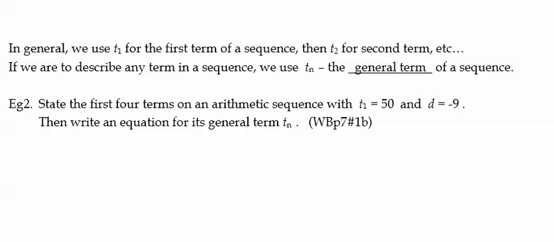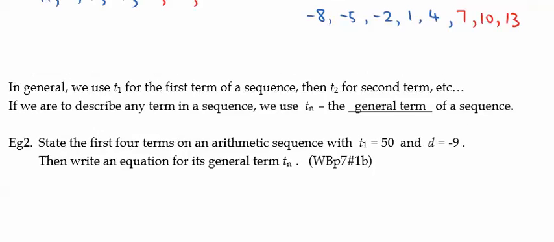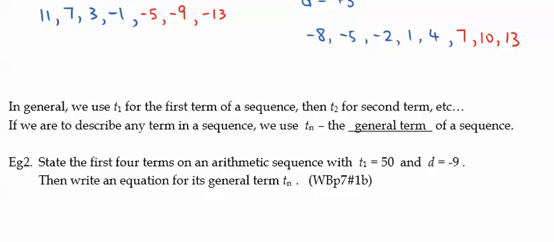Okay, so seeing how we can generate all these terms in a sequence, now we want to come up with a specific way to come up with a formula that we can use to figure out any terms in the sequence.